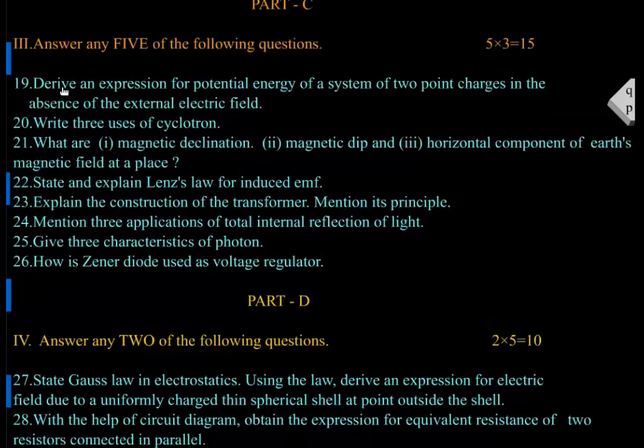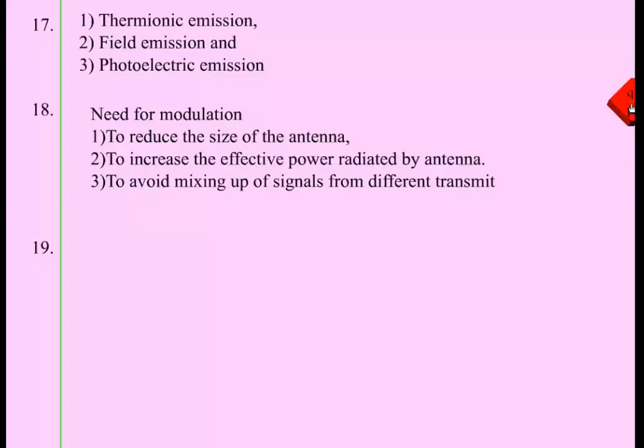Look here, the 19th one, derive an expression for potential energy of system of 3 point charges in the absence of external electric field. So of course here each carries 3 marks.